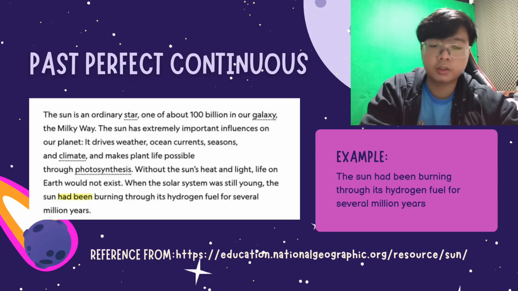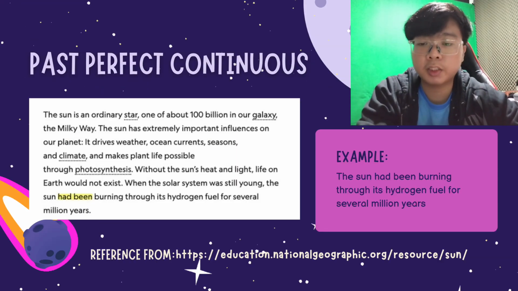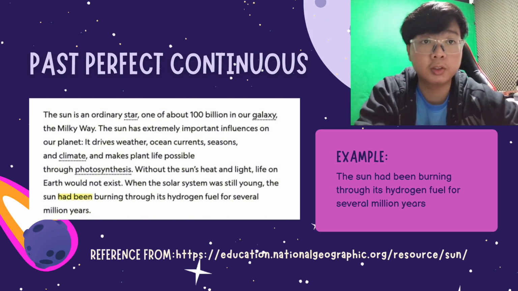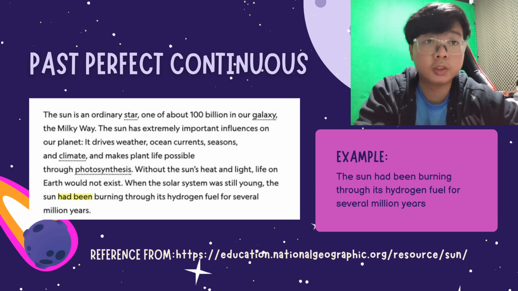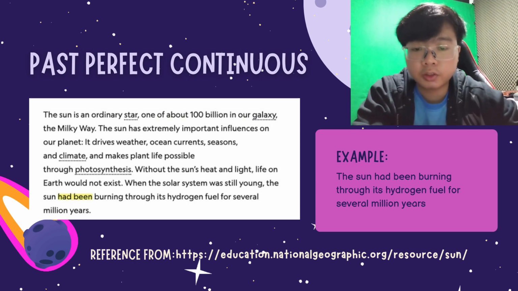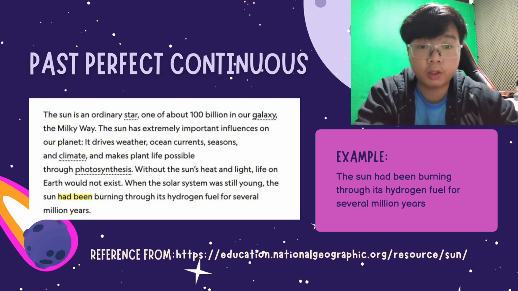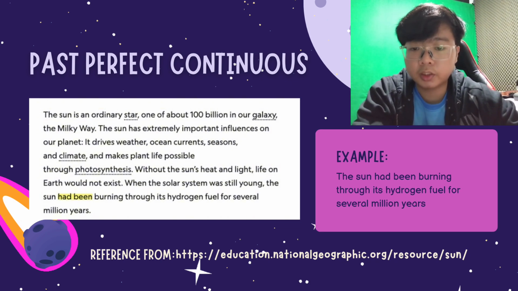Okay. So for the last past tense that I'm going to explain today, which is the past perfect continuous, I took the reference from the Education National Geographic, which is the resource sun. The sun is an ordinary star, one of about 100 billion in our galaxy, the Milky Way. The sun has extremely important influences on our planet.